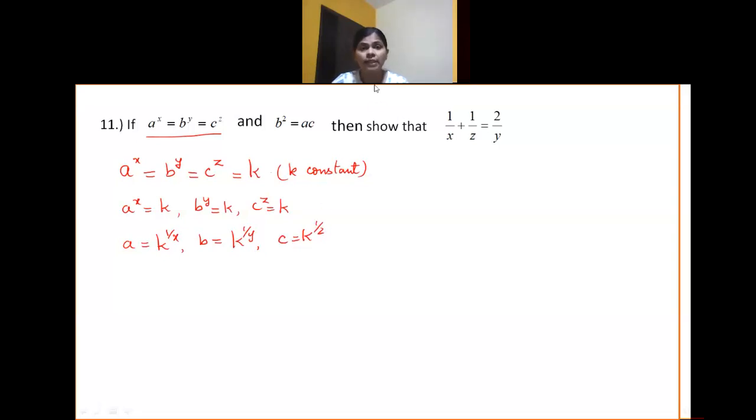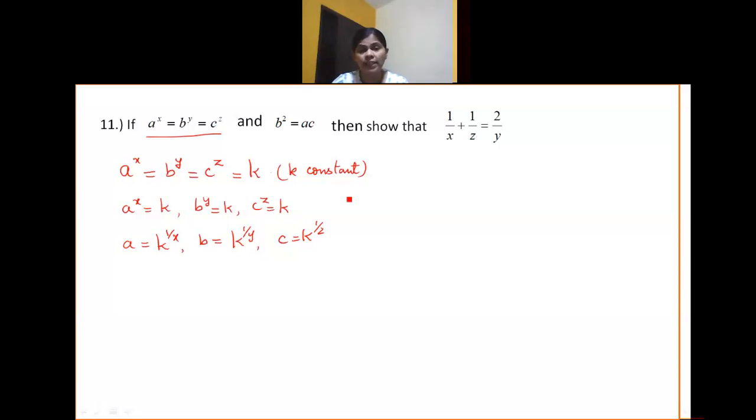What I did is shift the powers to the other side, that is, dividing the powers on both sides by x for the first term, by y for the second term, and by z for the third term. So this is by using the first condition.